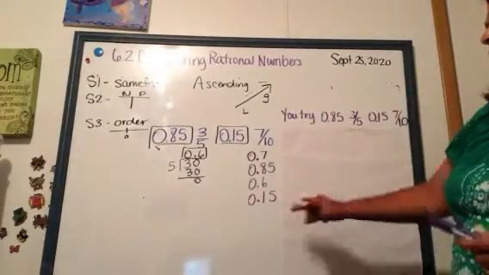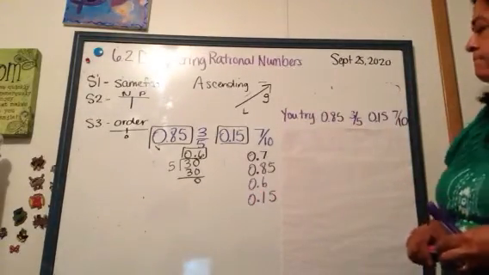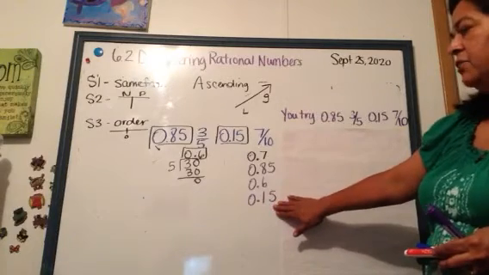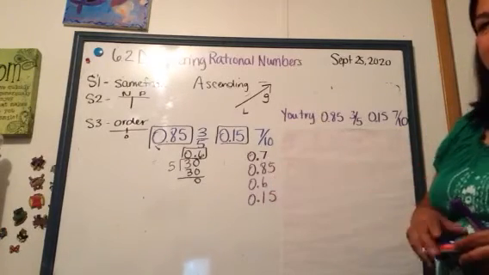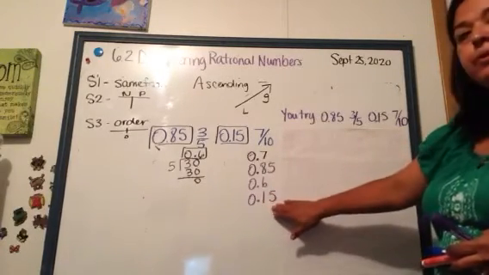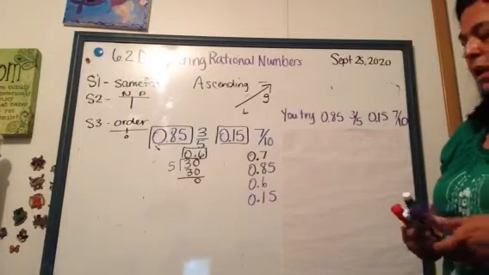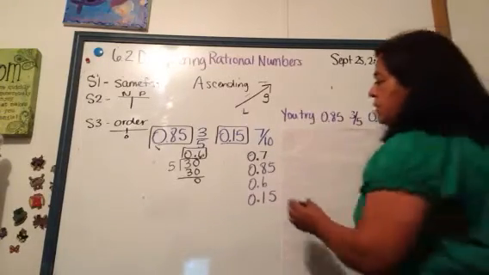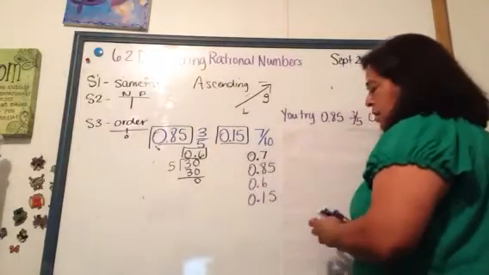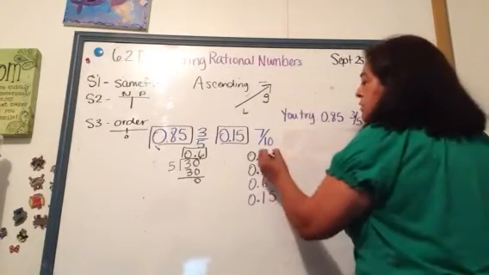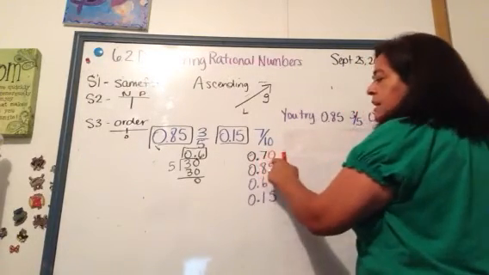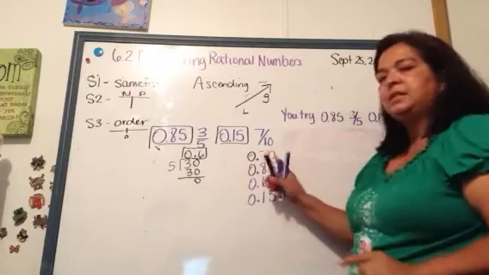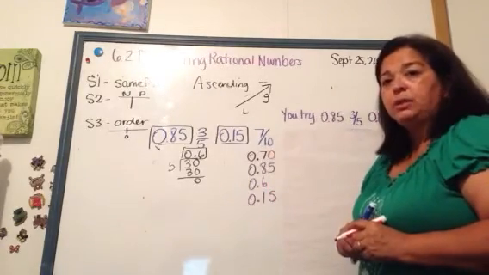Now, when some students look at this, they're going to say, Miss Atkinson, 15 hundredths is greater than 6/10 because it has 2 numbers. However, that is not true. We can add place value zeros to make them have 2 digits. It does not change the value. That's still 7/10 because 7/10 is equivalent to 70 hundredths.